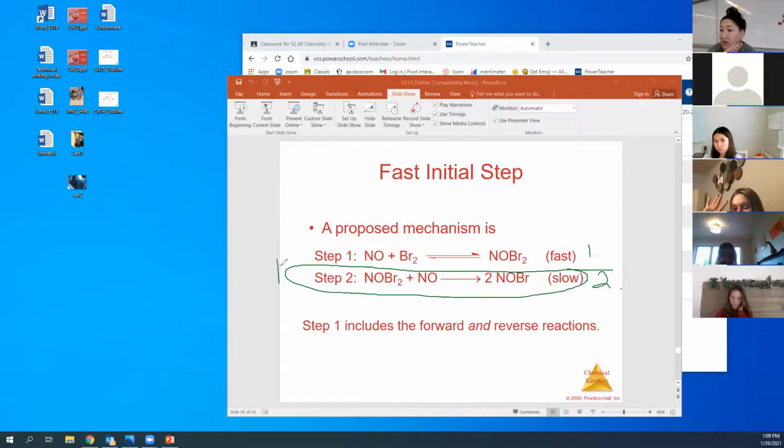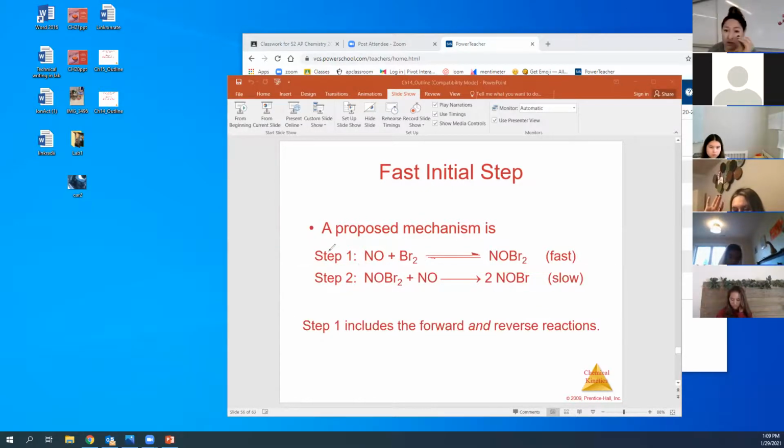So we're just going to write the rate law of this. That's why before I said you cannot base it off of the formula, because you don't know if there's some stuff behind the scenes, like a mechanism. We write it based off the slowest one. If you're given the mechanism, then you can write it directly from that. So you find your slowest one and you can write directly the rate law.